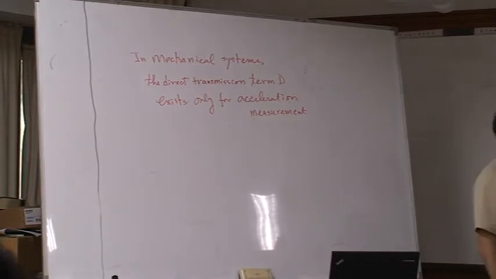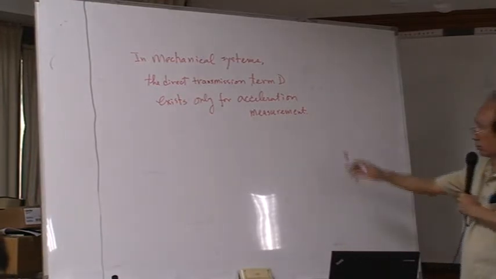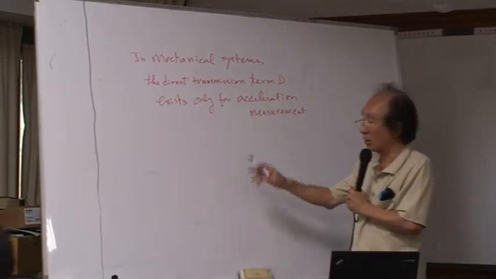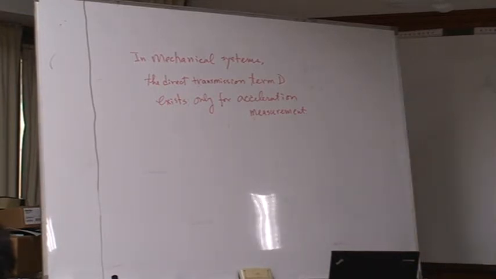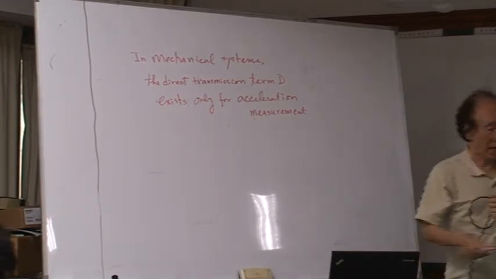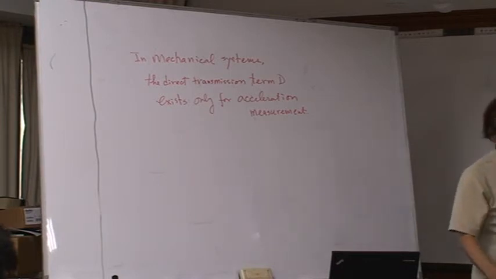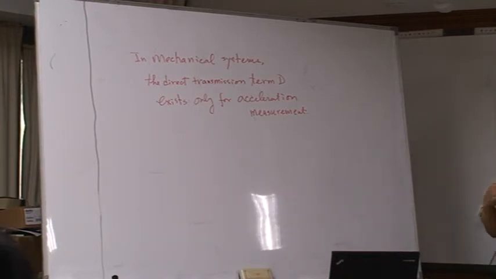If your measurement devices are not accelerations, then there's no D. That means D equals 0.